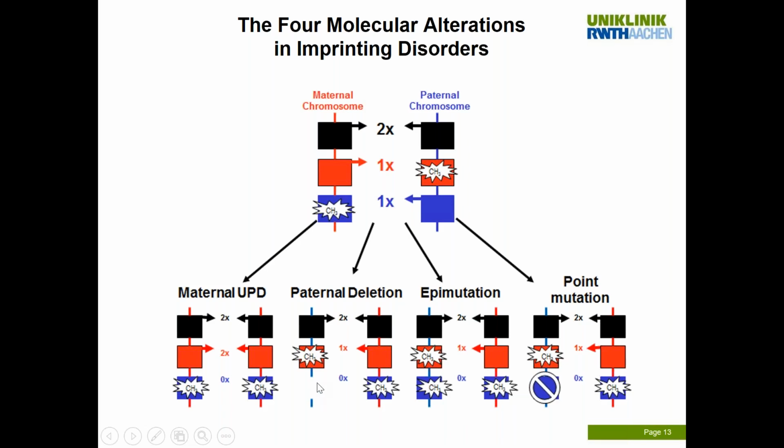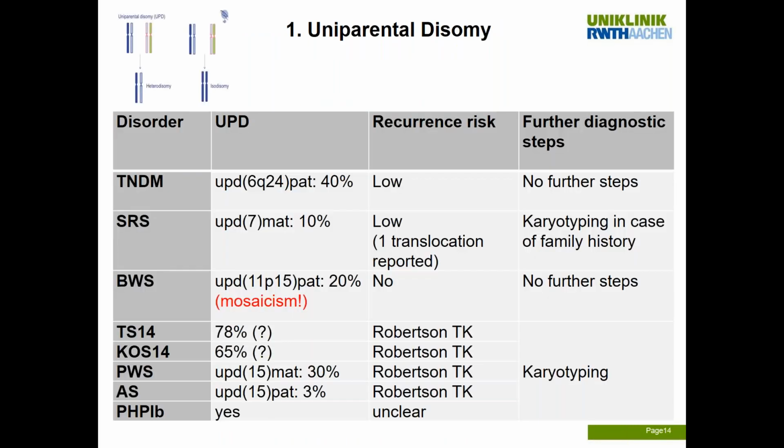In case you offer genetic testing for imprinting disorders, you have to be aware of these four different types, and you have to ask, does the method you are applying cover all these four groups of molecular alterations?